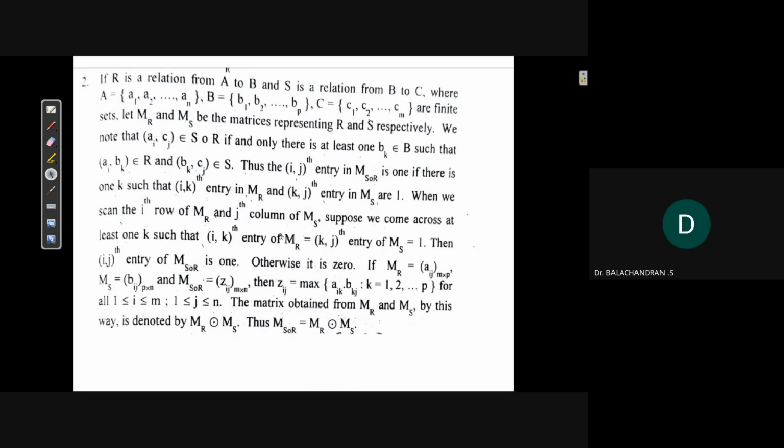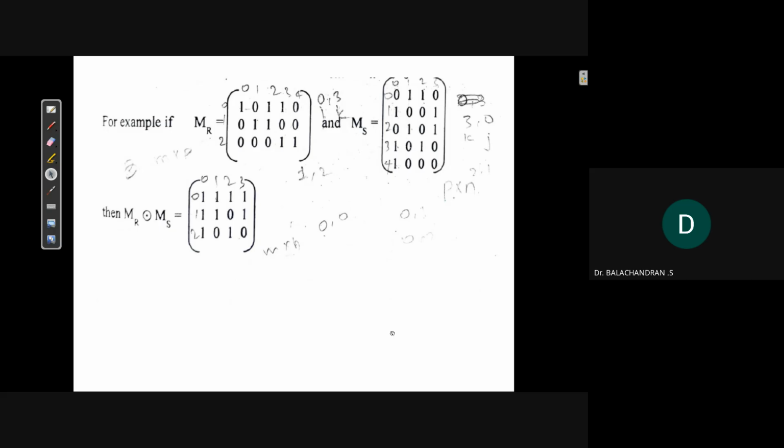So this snapshot I took from the Venkatraman book. So this is MR, this is MS, meaning MR composition MS, as per the Venkatraman book, which I already told you.